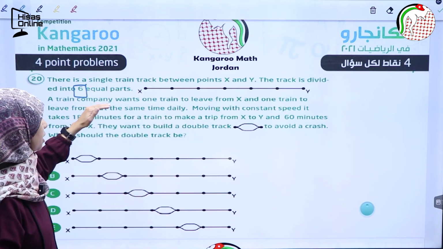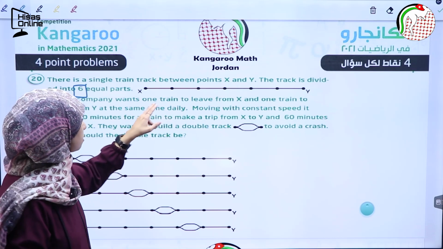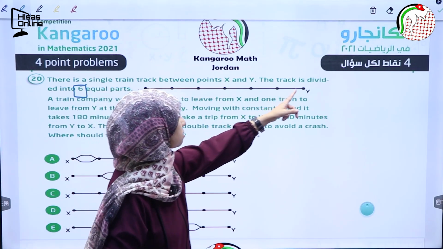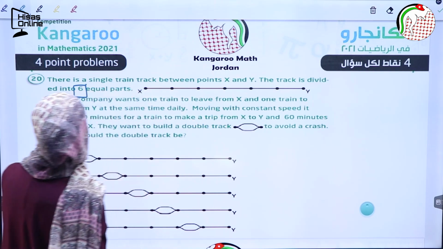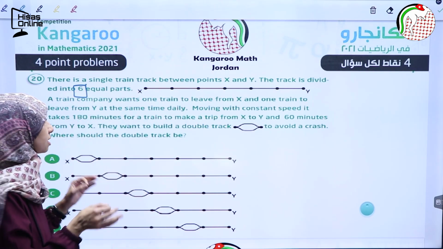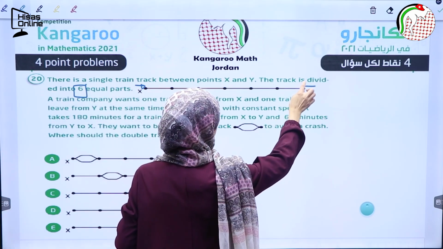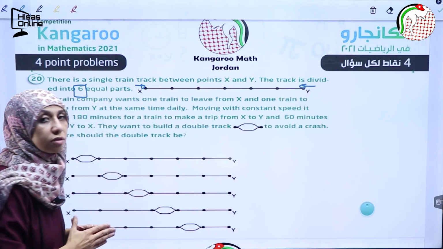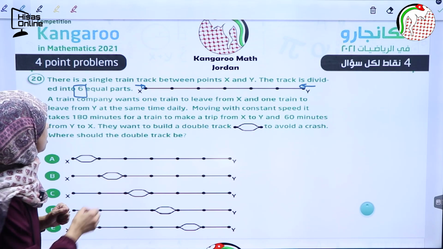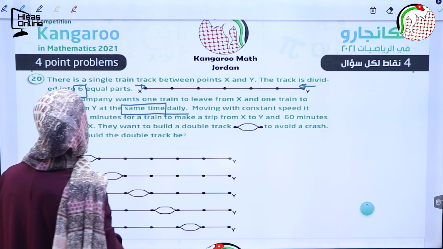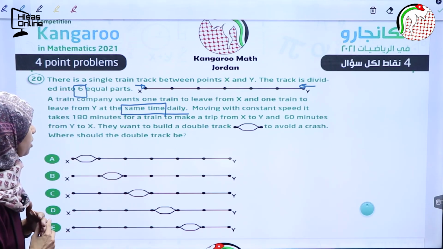A train company wants one train to leave from X and one to leave from Y at the same time. So one train will leave from here, another train will leave from the other side from point Y. The company wants this to happen on a daily basis.